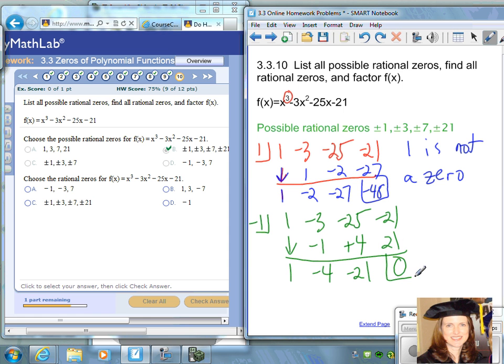In this case, we do get a remainder of 0. So negative 1 is one of the zeros. And we want to keep going until we get 3 of them. We can check all of them. That's one approach. Or you can continue to factor.